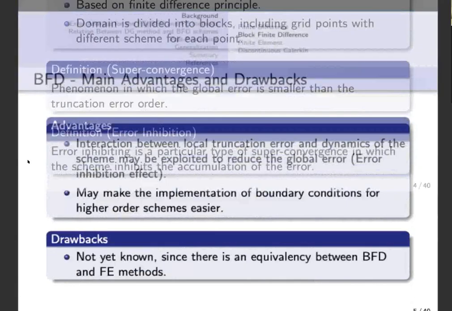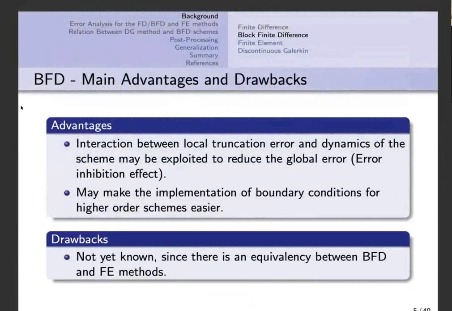The main advantage of the BFD method is that we can create an interaction between local truncation error and the dynamics of the scheme, which can be exploited in order to reduce the global error. So this is exactly the effect that we would like to reproduce.